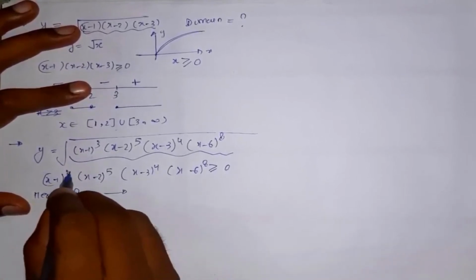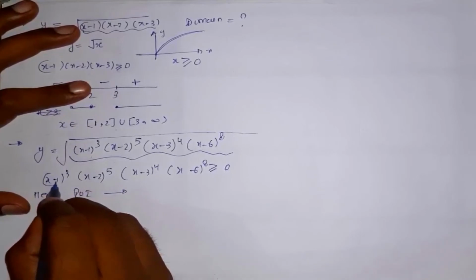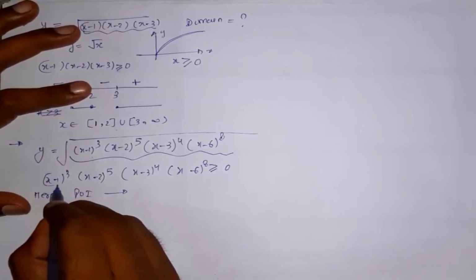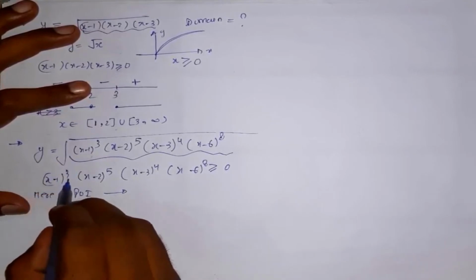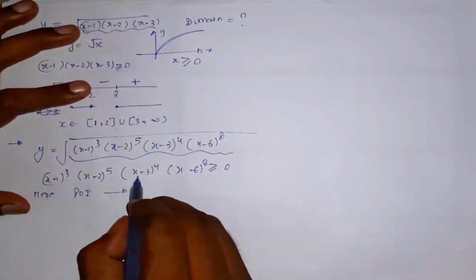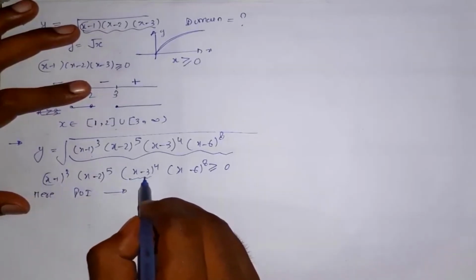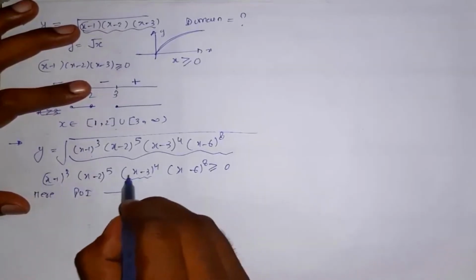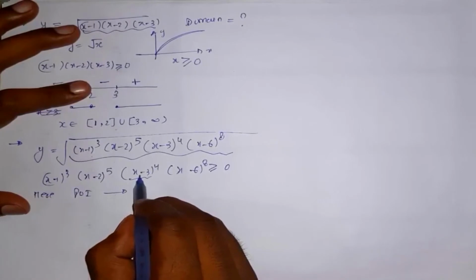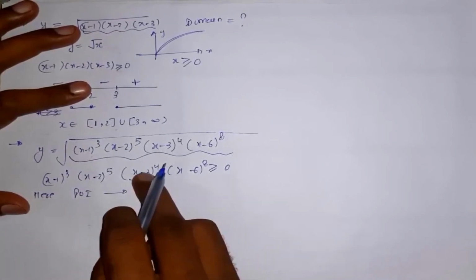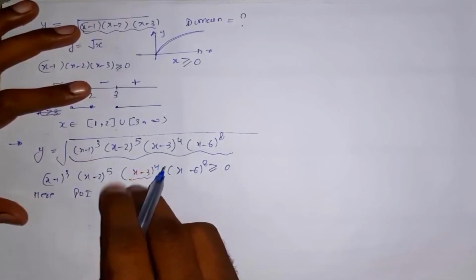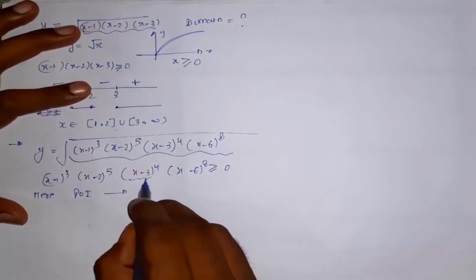are those with odd powers. At x equals 1, this portion will change its sign. As far as the factor with the even power is concerned, the even power will not let the factor be positive or negative; it will always be positive. So at x equals 3, this factor will not change its sign.